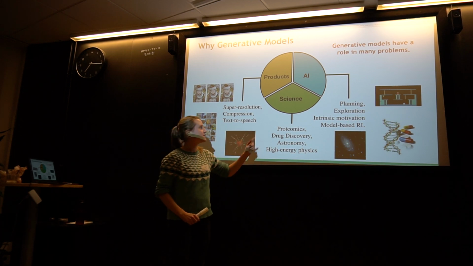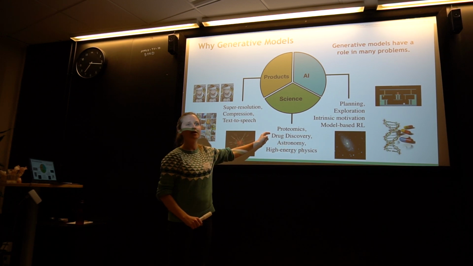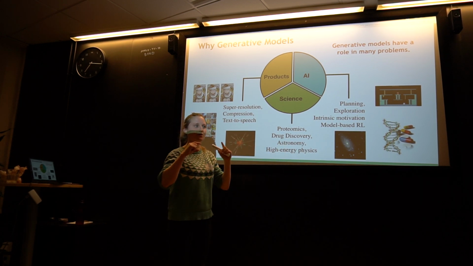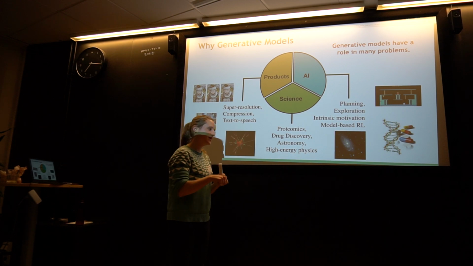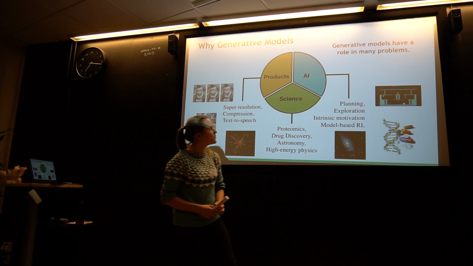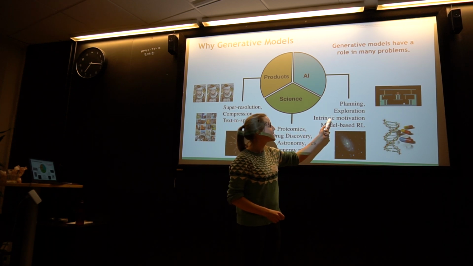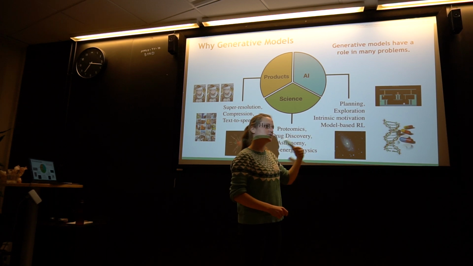Another very important application is science. For example, drug discovery, where you can generate the molecule structure of different drugs and test it automatically online instead of having to go into the lab and trying each of them independently. And then something that is very close to what I'm working with is to actually generate data in order to be able to interact with the world.